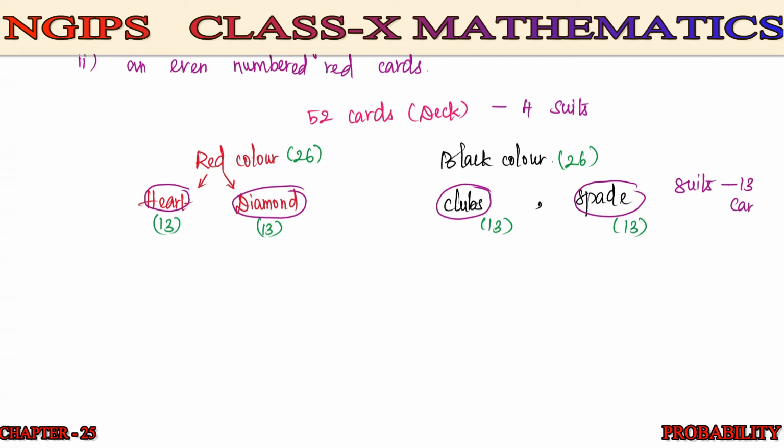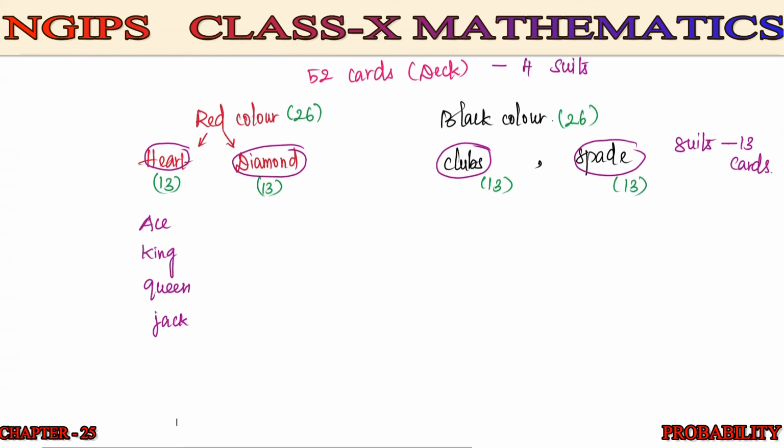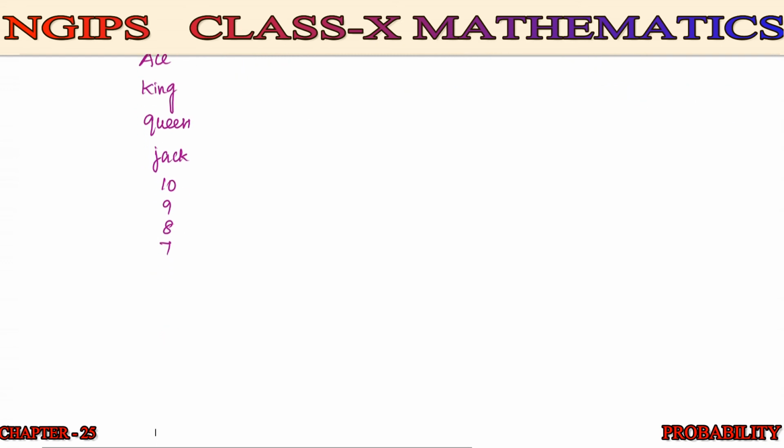In this we have the cards king, queen, jack, and the numbers start here: 10, 9, 8, 7, 6, 5, 4, 3, 2.